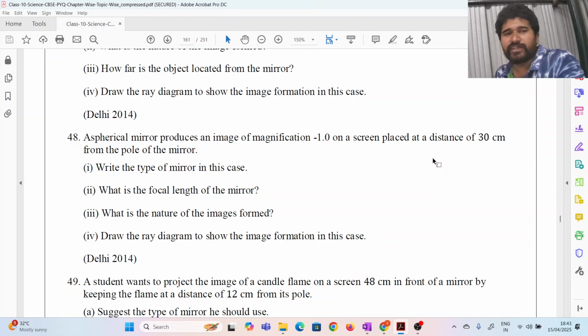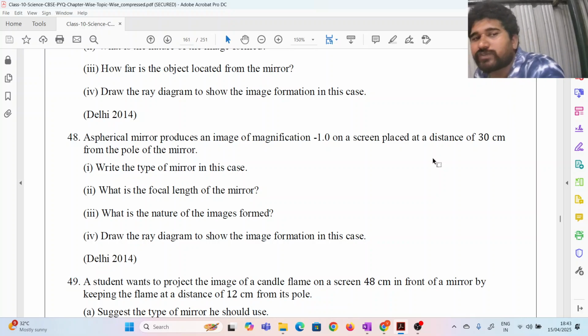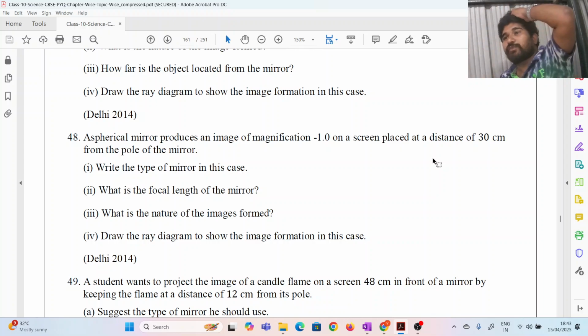See this 48th question. A spherical mirror produces an image of magnification -1.0 on a screen placed at a distance of 30 centimeter from the pole. Write the type of the mirror in this case.